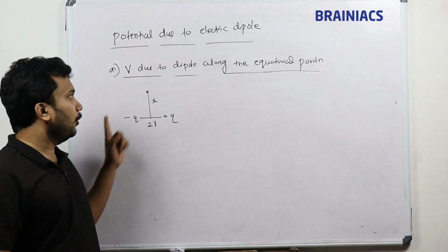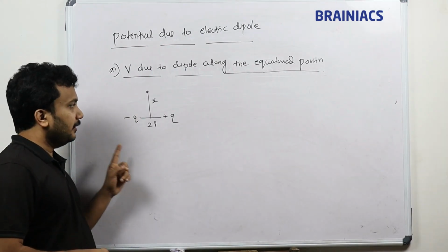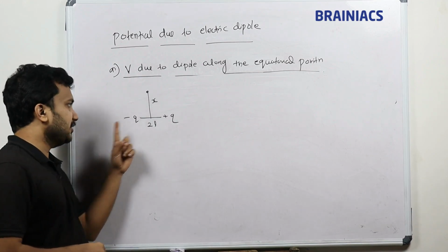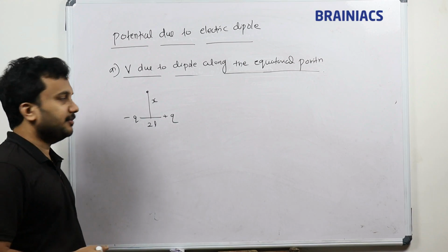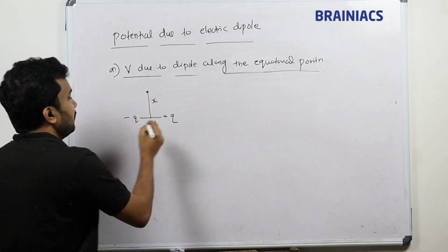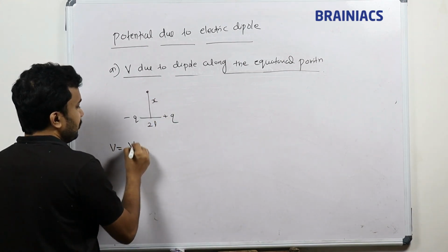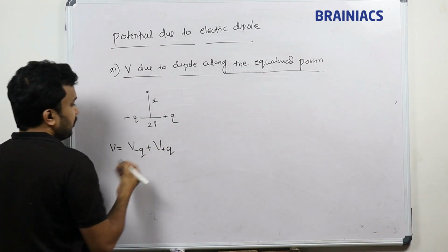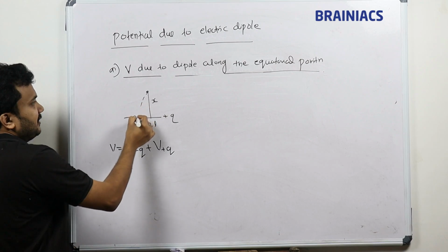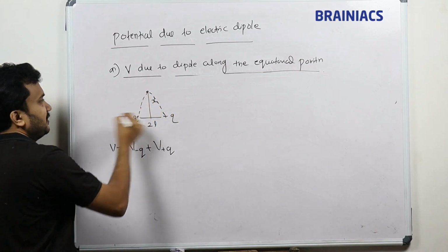Potential due to a dipole at equatorial position. Two charges minus q and plus q separated by a distance of 2L, and at a distance of x meter away we are going to find the potential. So potential V is equal to potential due to minus q plus potential due to plus q charges. What is the potential due to the minus q charge? What is this distance?